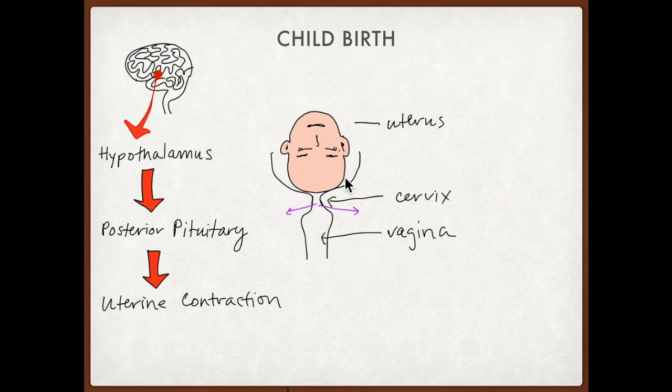Okay, and so the faster the contractions occur, the more oxytocin is released, and eventually that baby is going to get passed down through the birthing canal and out of the body. Okay, so I hope that everybody gets that this is a positive feedback mechanism. Again, more oxytocin, higher rate of contractions, which causes more oxytocin, pushing it in a direction.